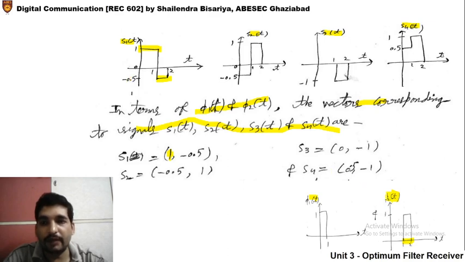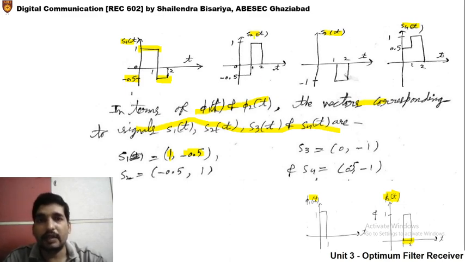We multiply phi 2(t) by minus 0.5 and we get this signal. So S1 with respect to phi 2(t) is simply minus 0.5. I hope this is simple, direct calculation. Similarly, you can draw the others.